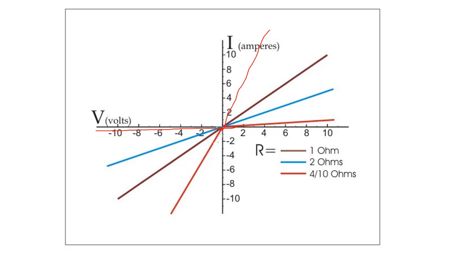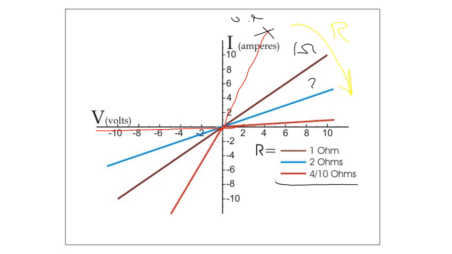In other words, the ones with the steepest slope have the lowest R. So here our resistance is increasing in that direction. This one is 4/10 of an ohm, 4/10 of course is 0.4. This one is 1 ohm, because you can see 10 amps, 10 volts, 1 ohm.